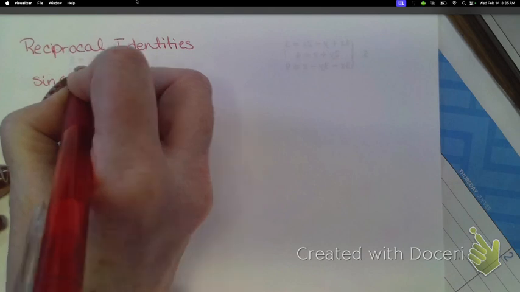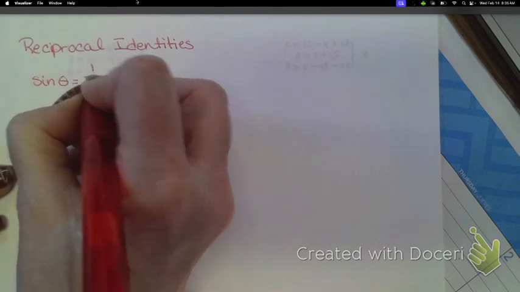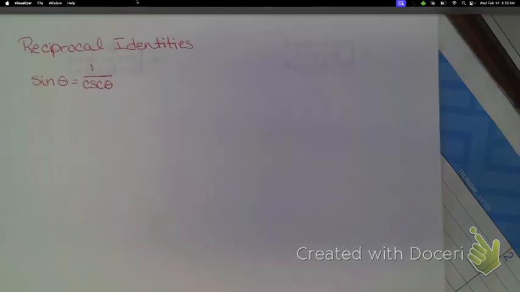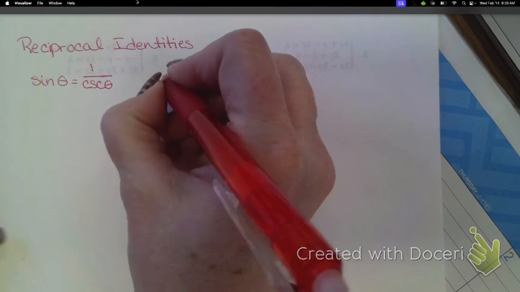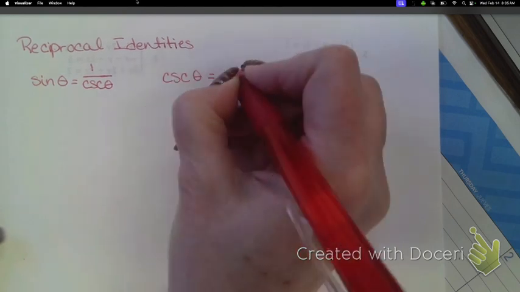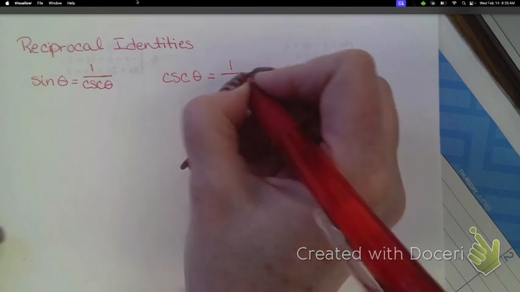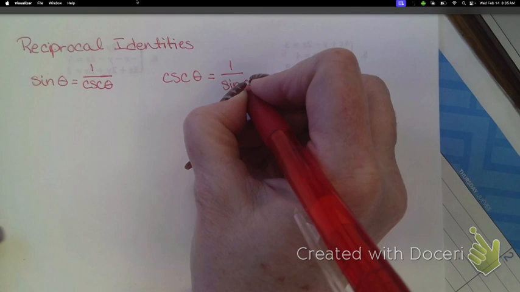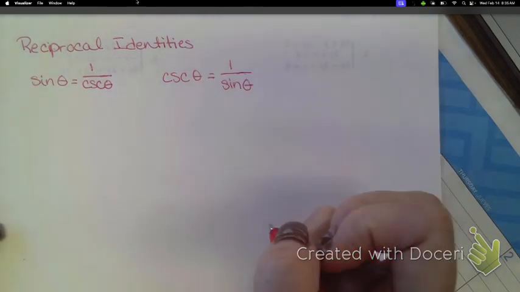Cosecant. Yes. And then cosecant of theta is equal to 1 over what function? Sine of theta.